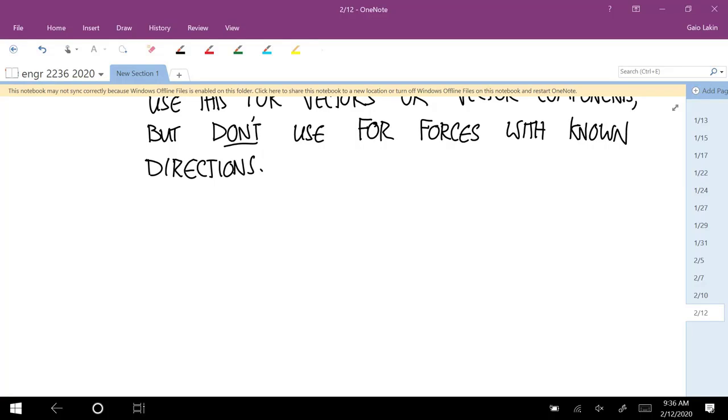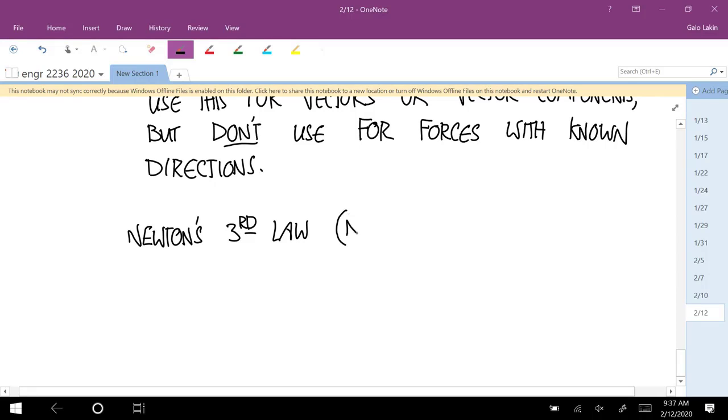So Newton's third law. When I use this, I'll call it N3L. This is the one that says for every action, there's an equal and opposite reaction.